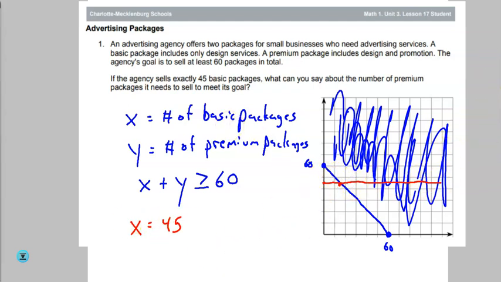Let's go back. There we go. So if X equals 45, so that is 10, 20, 30, 45, so about here is your X.